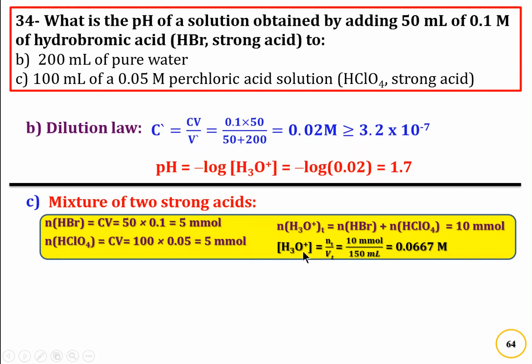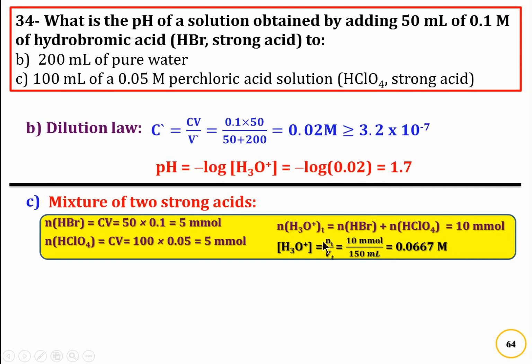So the concentration of H3O+ in the final solution is equal to the total number of moles of H3O+ divided by V total, equal to 10 millimole divided by V total, which is 50 plus 100, so 150 ml, equals 0.0667 molar.